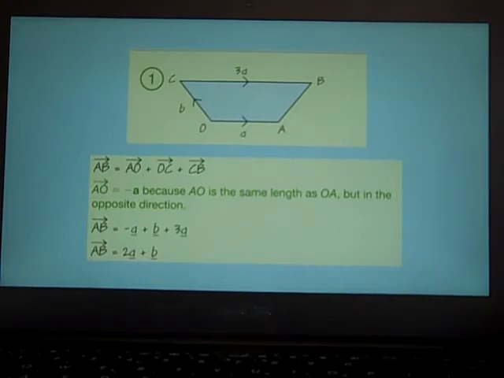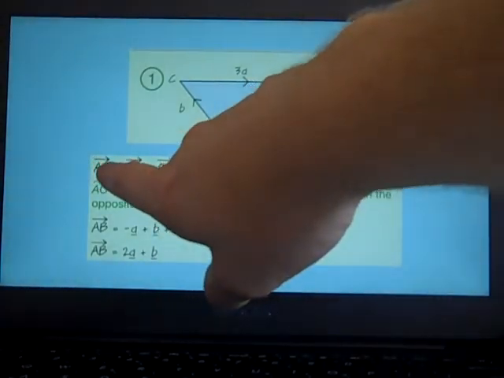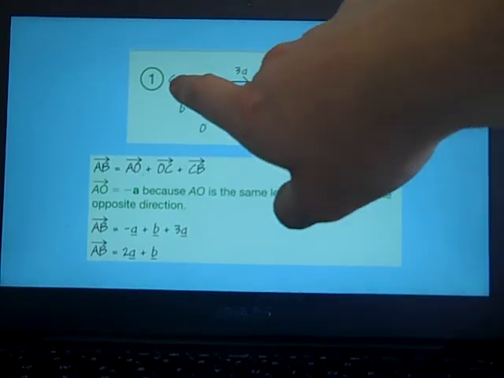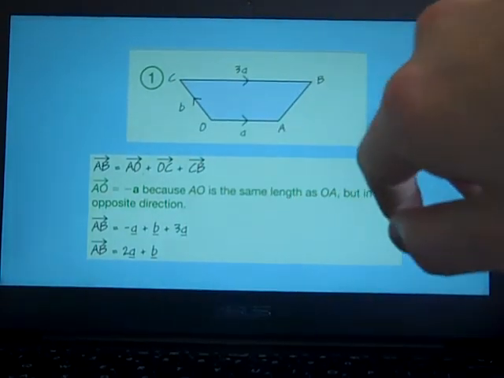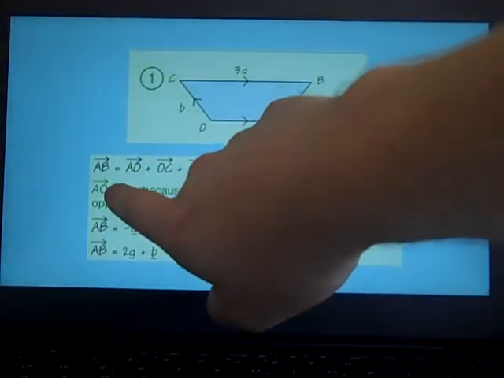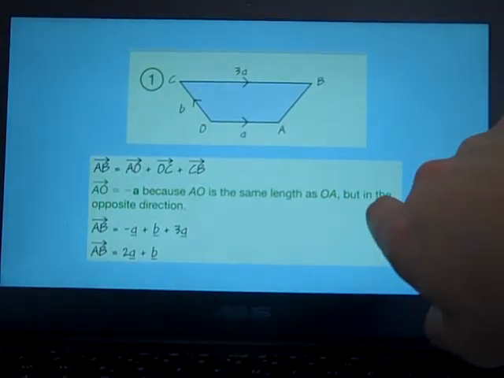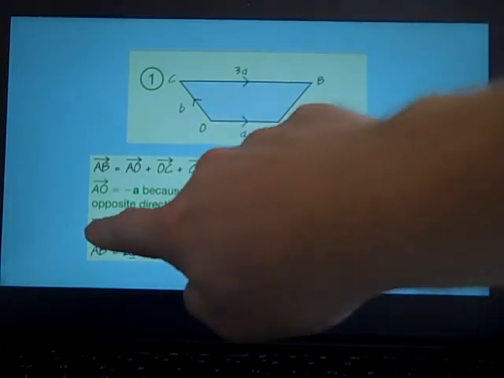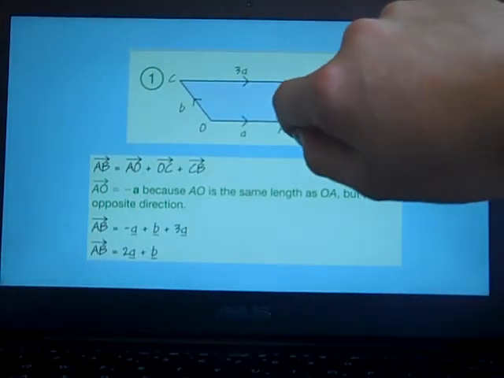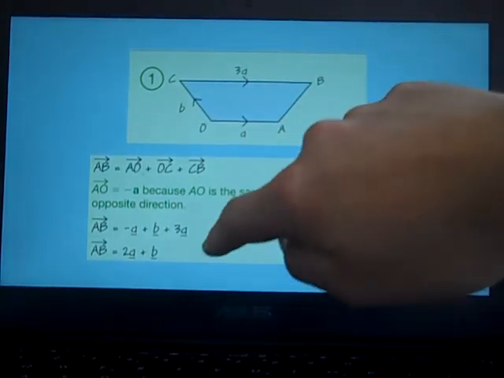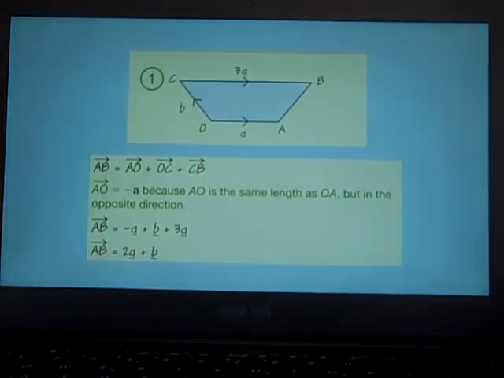So as you can see, the working out is here to go from A to B. They said you need to go from A to O, O to C, C to B, because that's where the arrows are. A to O is negative a, because AO is the same length as OA but in the opposite direction. A to B then would be, as I said before, negative a plus b plus 3a, so 2a add b.